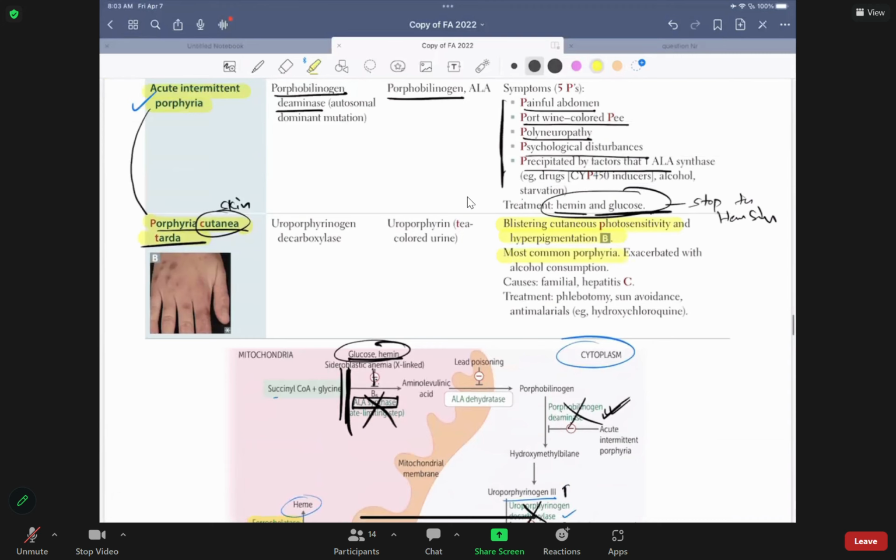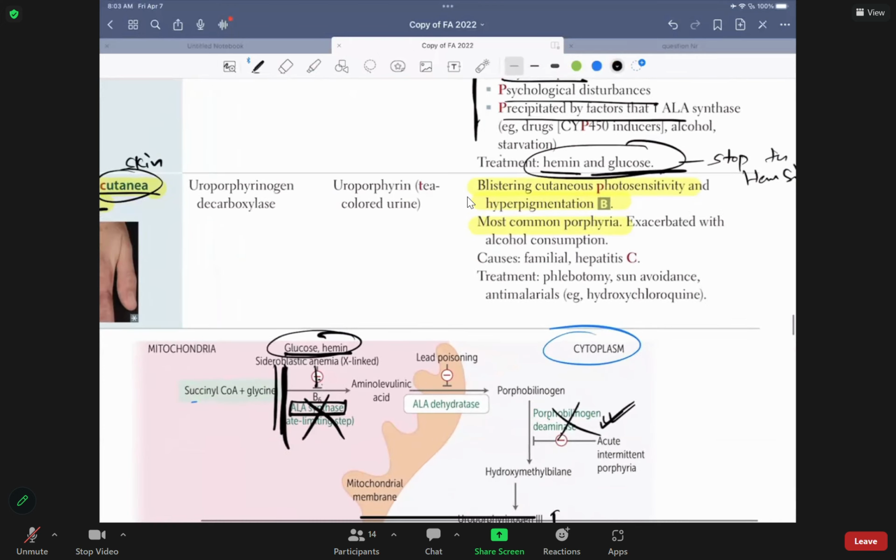Most common porphyria, look at that. That's the most common, which means you most likely will have that on the exam. It's like how the most common inherited bleeding disorder is von Willebrand, and the most common inherited clotting disorder is factor V, right? All right. I'm scared to ask.